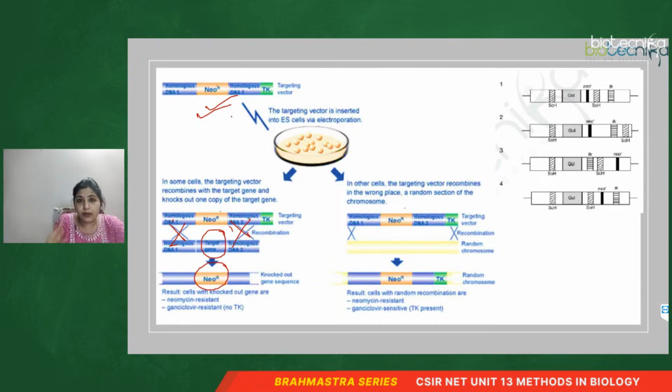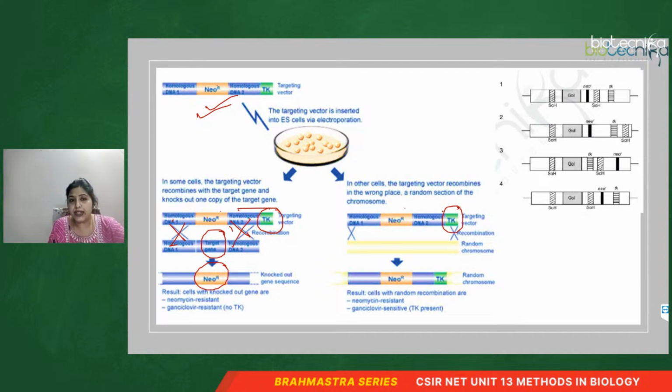So remember, one more additional feature: in case of homologous recombination, this thymidine kinase gene is lost. On the other hand, in case of random integration, the thymidine kinase is not lost.